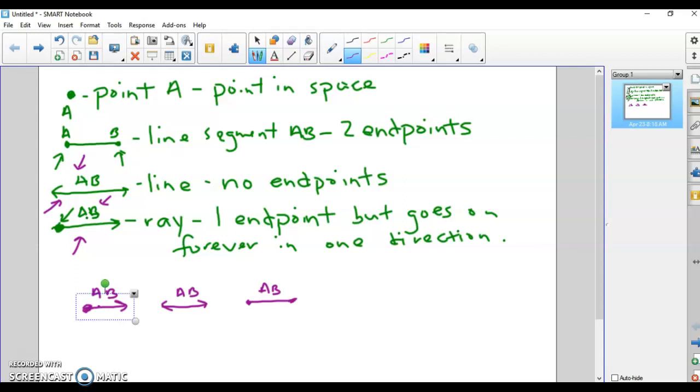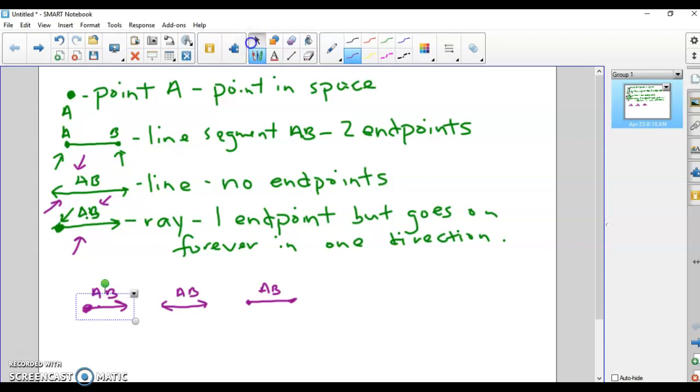The arrows mean that they would be going on infinitely in one direction or both directions. The line here has arrows pointing in both directions, meaning it's going to go on forever in both left and right directions. And then a ray has to start with an endpoint and then moves on forever in one direction.